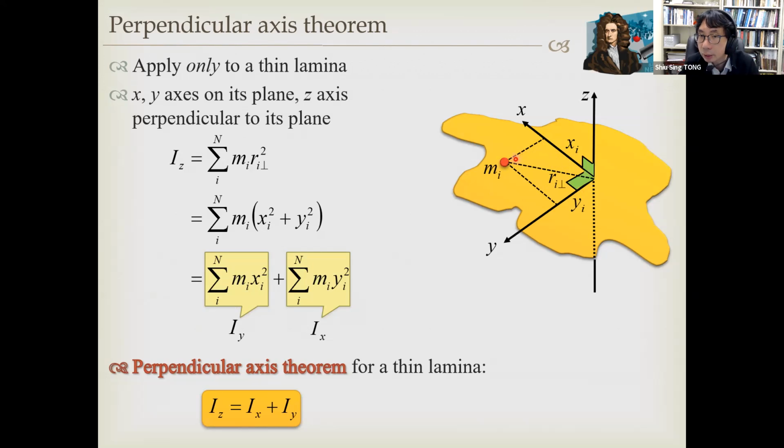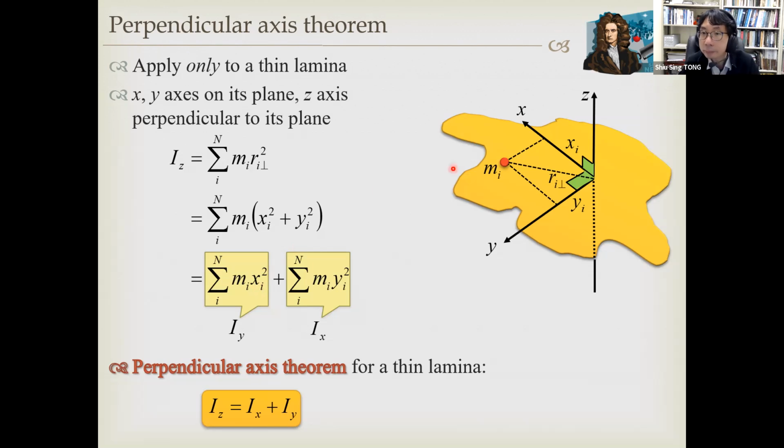And this distance is yi. So xi squared plus yi squared is ri squared. So I replace ri squared with xi squared plus yi squared, and we separate the 2 terms. The first term is summation mi xi squared. The second term is summation mi yi squared.